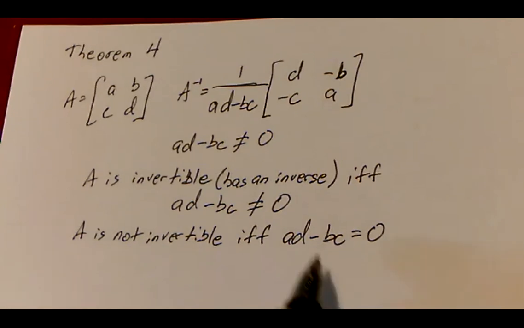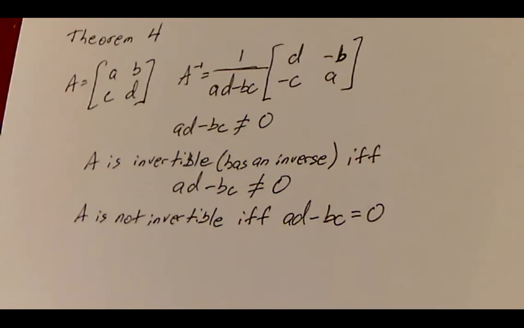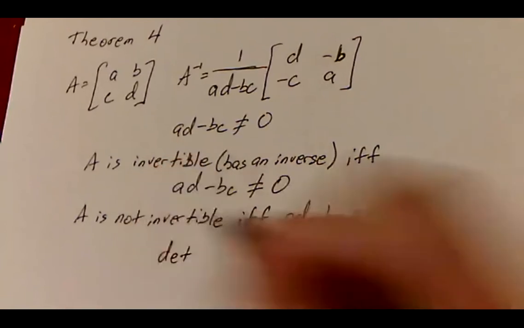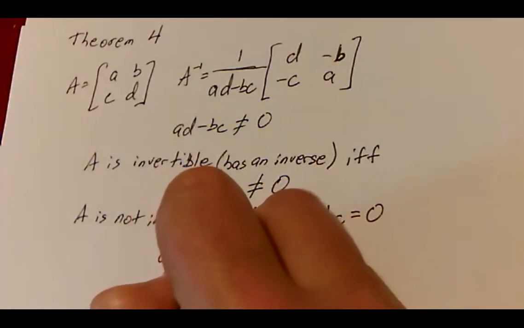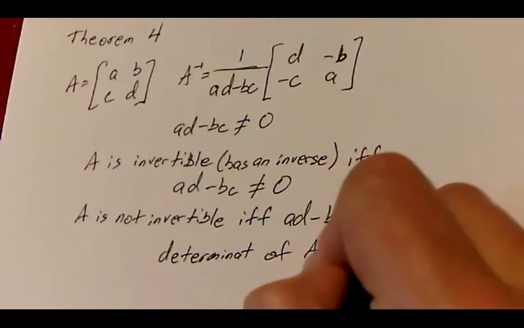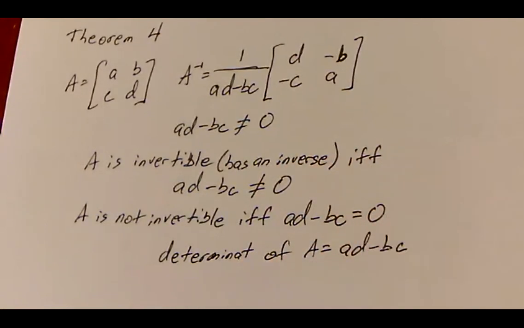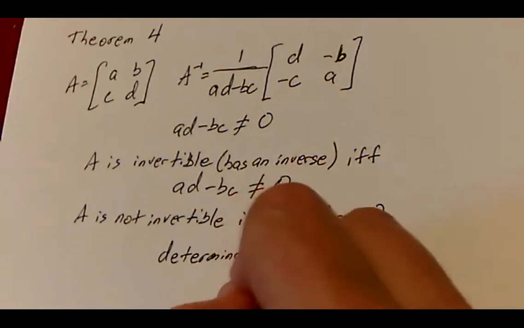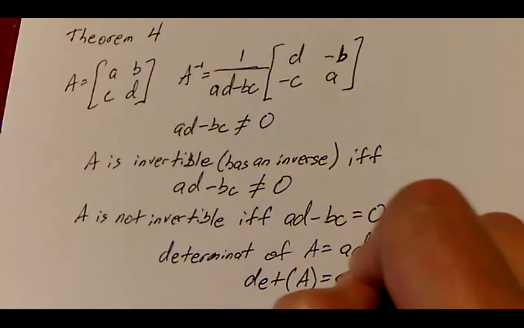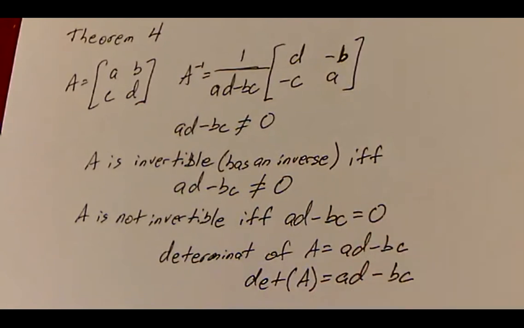We also give this quantity a name, and chapter 3 deals with this quantity a lot more. We look at it in a lot more detail, but this is called the determinant. The determinant of A is equal to this quantity AD minus BC, and that gets abbreviated to DET. So DET of A is equal to AD minus BC.